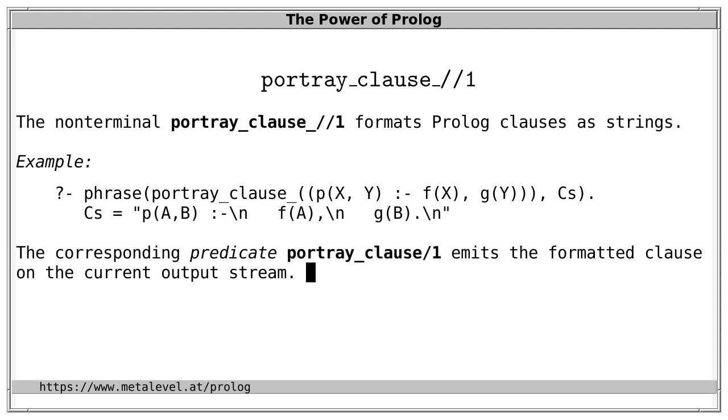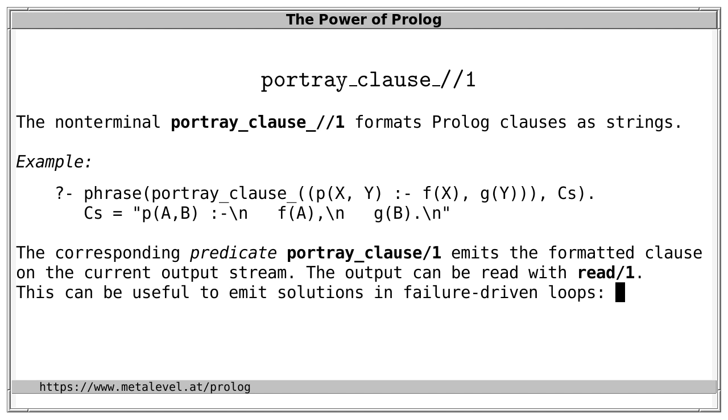And the corresponding predicate portray_clause emits the formatted clause directly on the output stream, which can be very useful because this means that we can use the standard predicate read to read the output as a Prolog term. And this is in fact often used in failure-driven loops where we are looking for a solution S and want to emit it as a Prolog term that can be read with read.